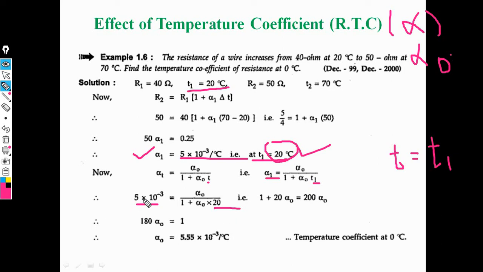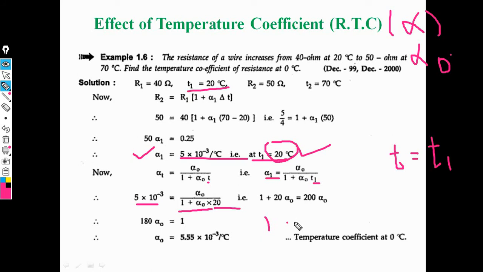Now 5 into 10 raised to minus 3 is equal to alpha 0 upon 1 plus alpha 0 into 20. Rearranging the equation for alpha 0, 1 plus 20 alpha 0 is equal to 200 alpha 0.